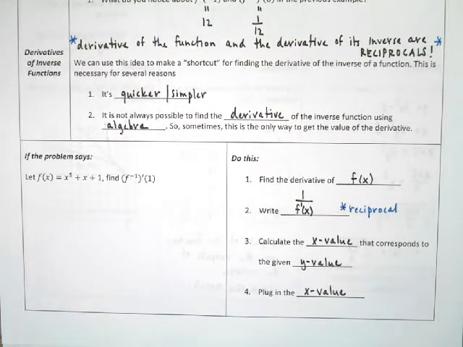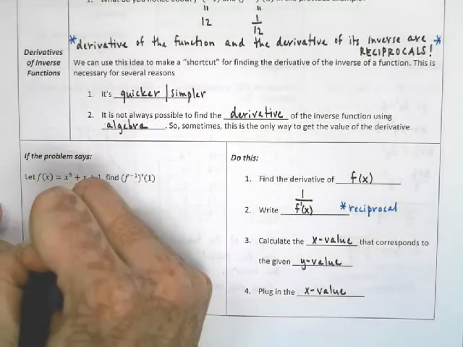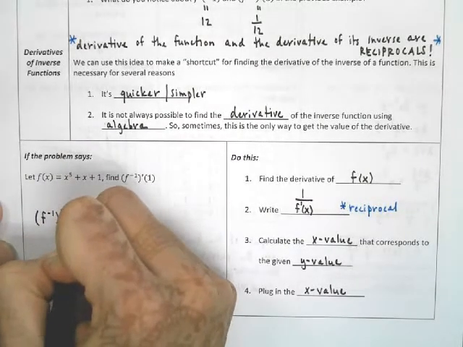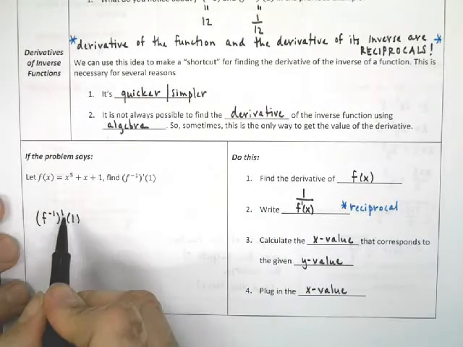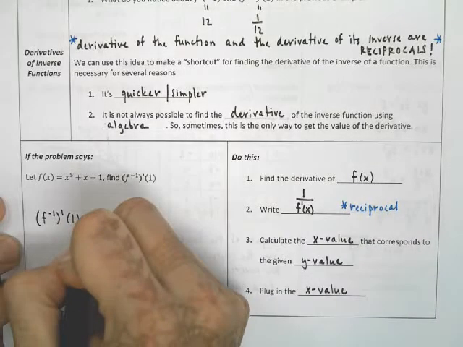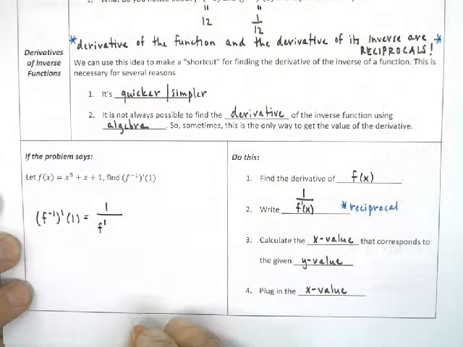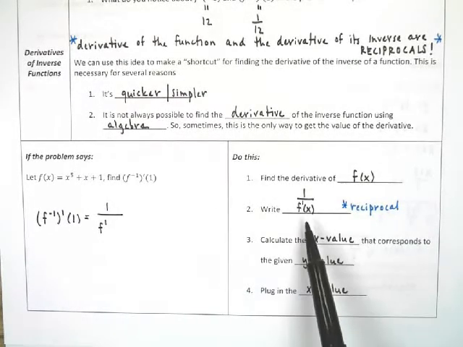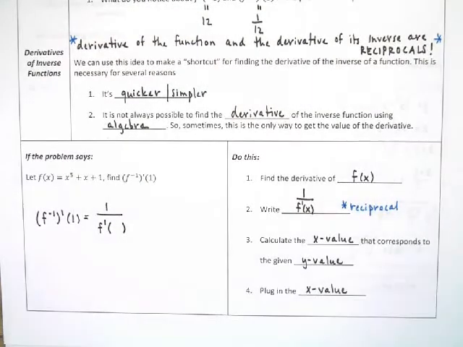So here's what I know. I need to find the derivative of the inverse, and it wants to know when that value is 1. I know the derivative of the inverse is the reciprocal of the derivative of the function. So that's that reciprocal piece, my 1 over f prime. But now I have to figure out what value to plug in here.